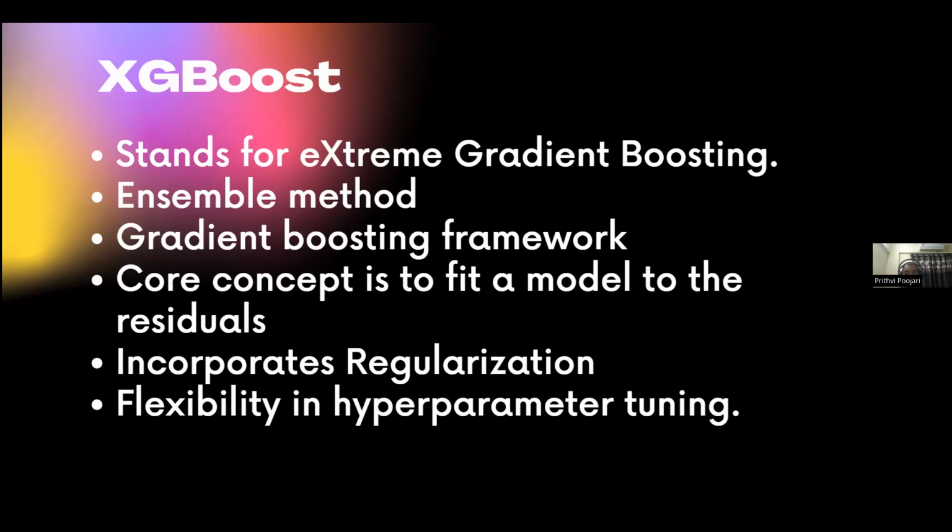Since we also mentioned the gradient boosting framework, there is gradient boosting with column sampling or feature sampling. This is also done to reduce overfitting, and to improve the model's accuracy, the robustness, and everything.